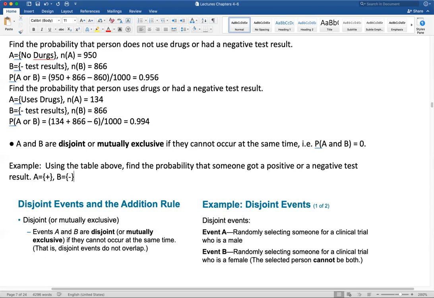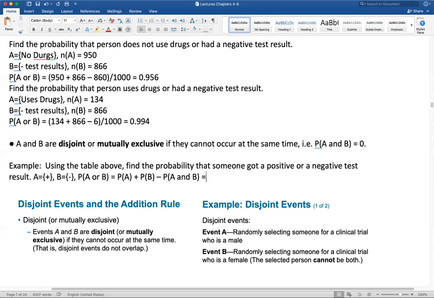Then probability A or B using the addition rule is P of A plus P of B minus P of A and B. But what does probability A and B mean? The probability that a person had a positive test result and a negative test result. That doesn't make sense. So in this example, the two events A and B must be mutually exclusive, so P of A and B must be 0.